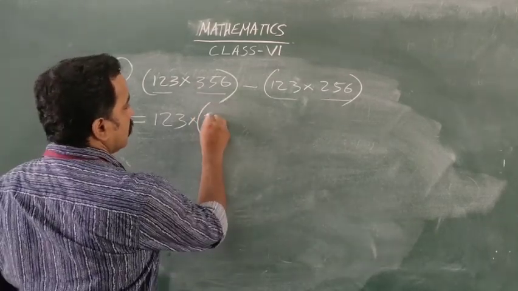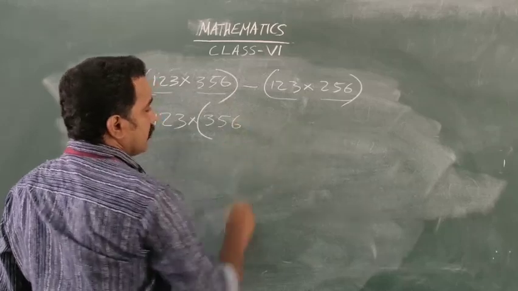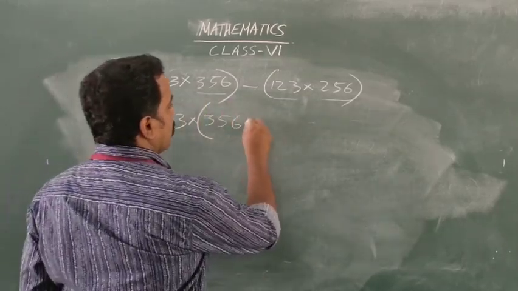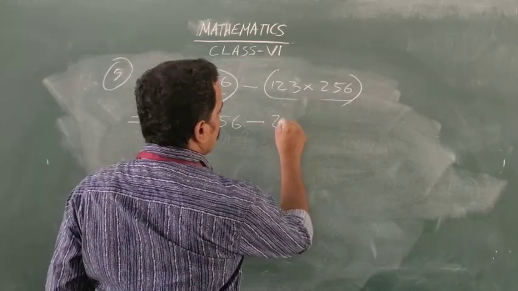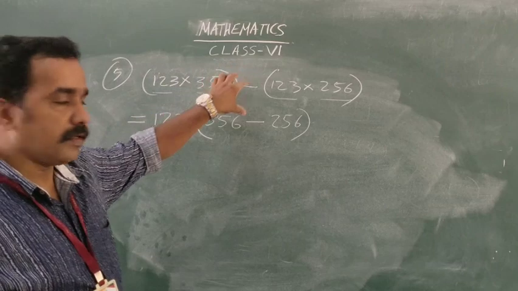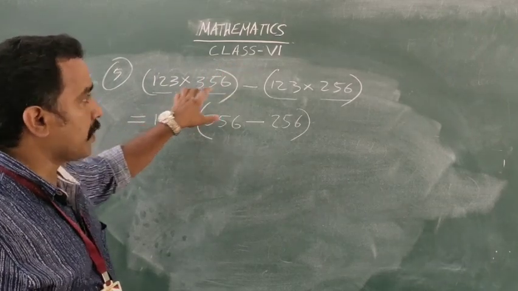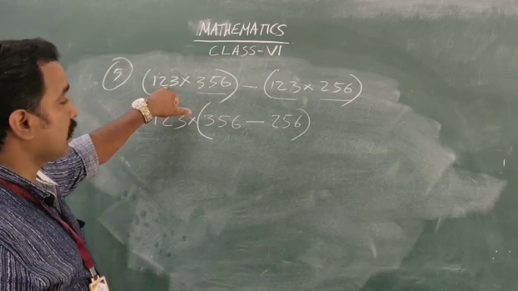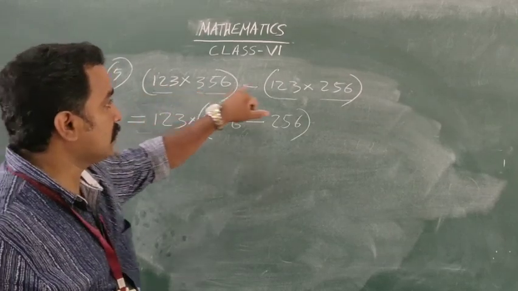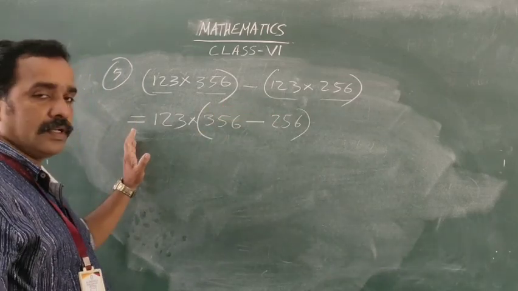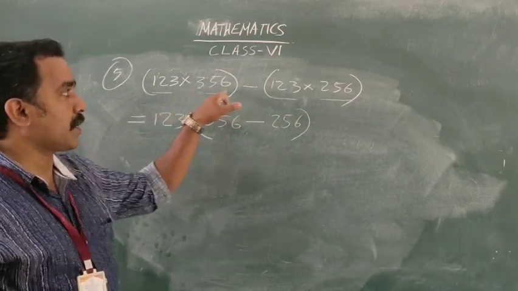Then here 356, the reverse order of the distributive property, and here minus 256. So this is the distributive property of multiplication over subtraction. Here 123 is distributed to 356 and 256 and subtracted, so we take that 123 common and subtract these two.